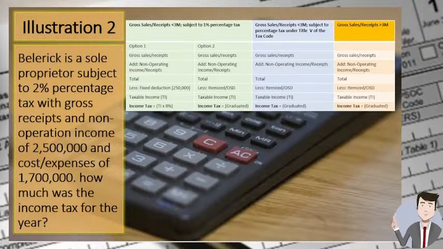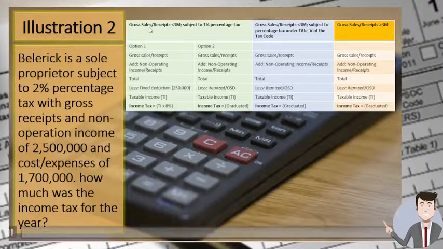So first, we have to identify which option, what are the options of Mr. Belleric. So, of course, Mr. Belleric can no longer use this computation in the green rows because this option is only available to taxpayers with gross receipts and gross sales which are less than the VAT threshold.